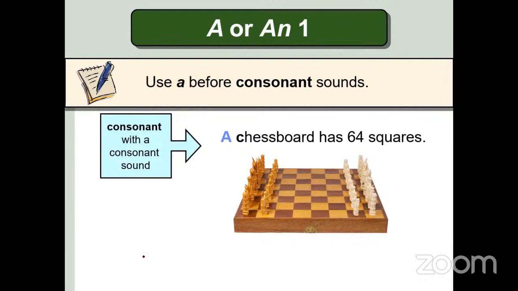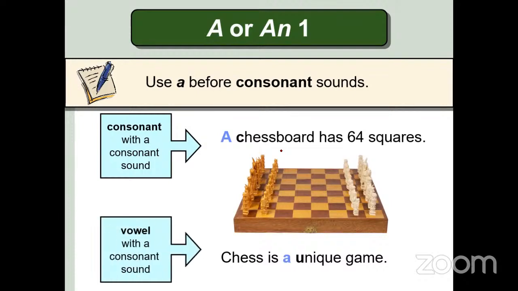A with a consonant sound. We use "a" when the sound is a consonant sound, but if the sound of the noun is a vowel sound, we say "an," to separate. Like chess is a unique game. It's okay because this "u" sounds like "you," like a consonant.